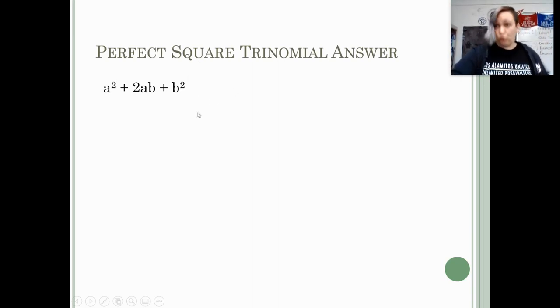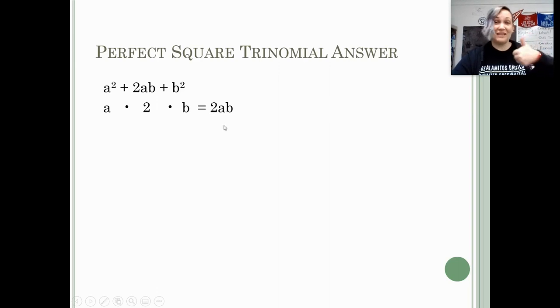And we showed one step of work, which was we take the square root of a squared as a, the square root of b squared is b, we times it by 2, and we get the middle term. So we've already hopefully written down that work on our paper. This work is important because this is where your answer is going to come from. After you decide that, yes, it is a perfect square trinomial, we're going to go, boom, answer, instantly. So there's this one step of work and then instant answer.